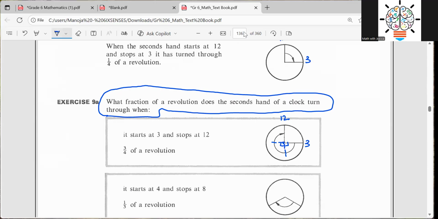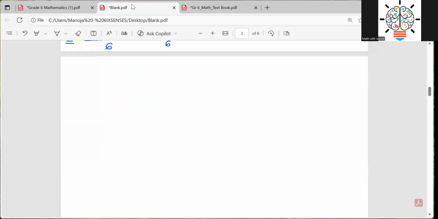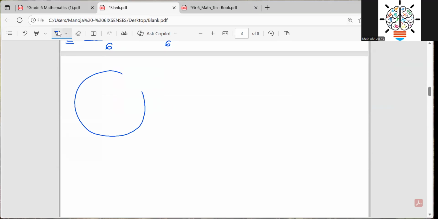1, 2, 3. Right? And I will tell you one thing if they give you a kind of harder question. Now you know that here the whole thing is 12. So this is 12, this is 6, and this is 3, and 9, and 1, 2, 4, 5, 7, 8, 10, 11.